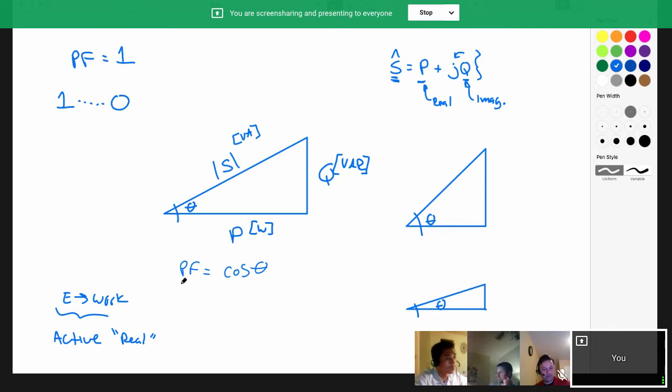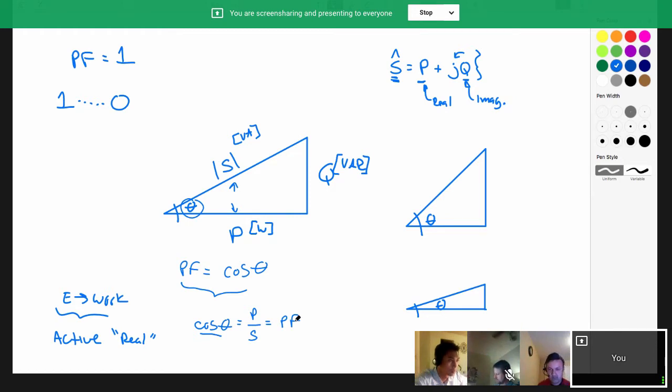This comes from the trig function that says, if we're looking at it in terms of reference from this angle, cosine theta is going to equal P over S, right? So if cosine theta is power factor, then P over S also has to equal power factor, right?